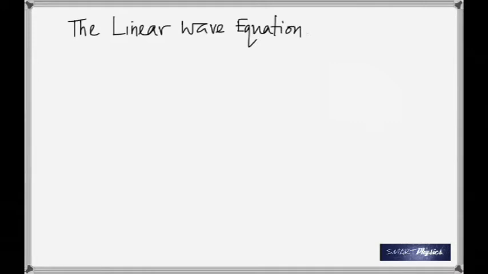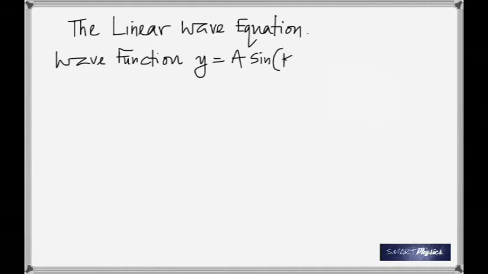Let us try to find the equation for a linear wave function. For that, we remember that the wave function is written as y is equal to A sine (kx minus omega t).